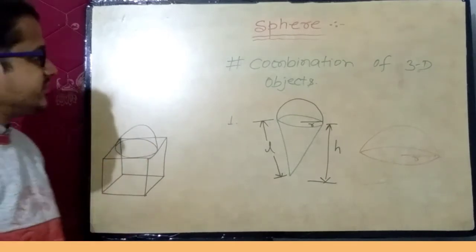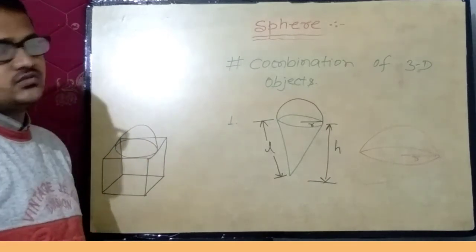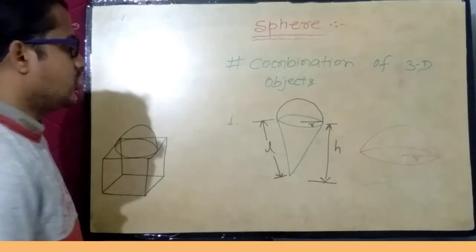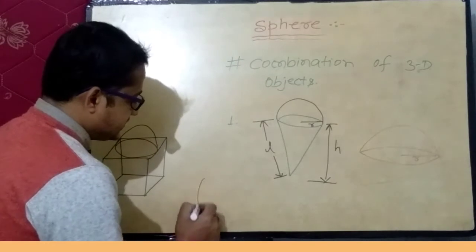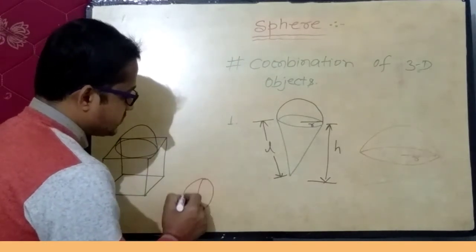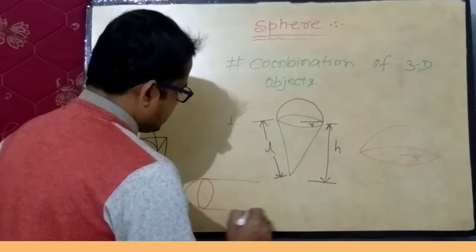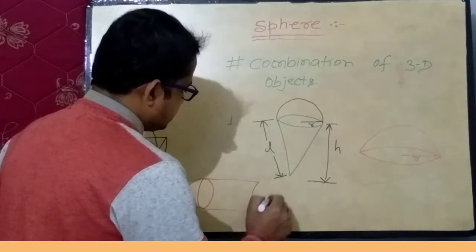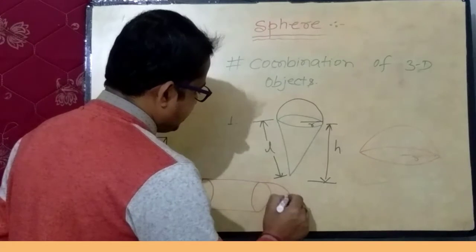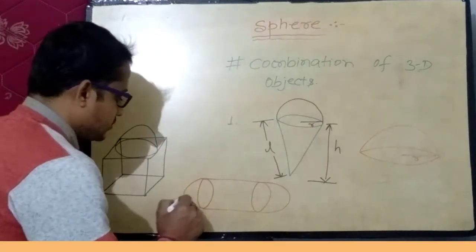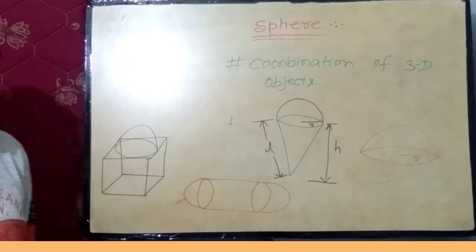So there may be different objects which can be made by using 2 or 3 different objects. If we are considering combination of 3 objects, that is, first is hemisphere, second is cylinder, and third is further hemisphere, then a structure or object like this we will get.